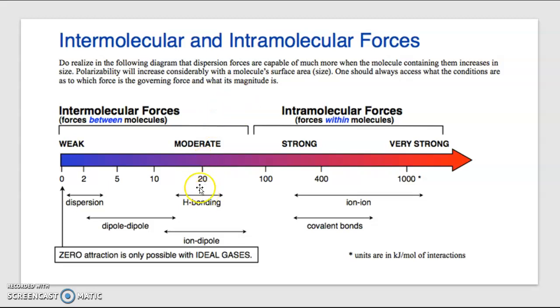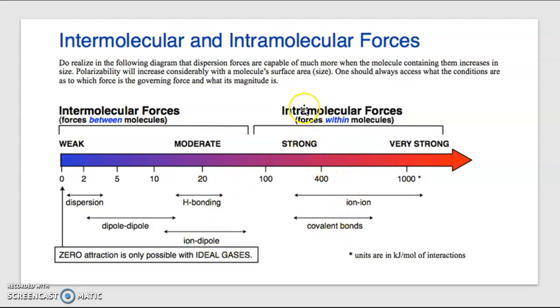Then, when we have hydrogen and one of these three atoms, we get hydrogen bonds between molecules, and it makes an extra attraction between two molecules that, besides the ion and dipole interactions, is moderate.